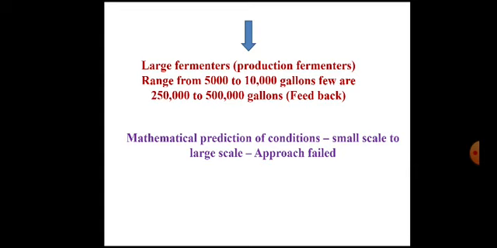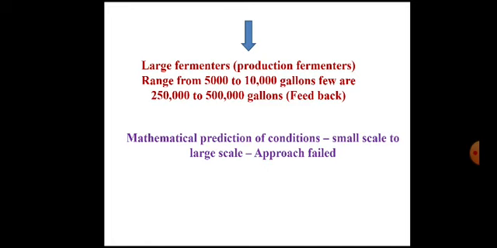Now, while transferring data from small scale to large scale, there is an approach called the mathematical approach, that is, mathematical prediction of conditions. That means at small scale, if the value is x, and the scale is increased 10 times, then the value of x will be multiplied by 10, and that value will be used for the operation of the next level fermenter.